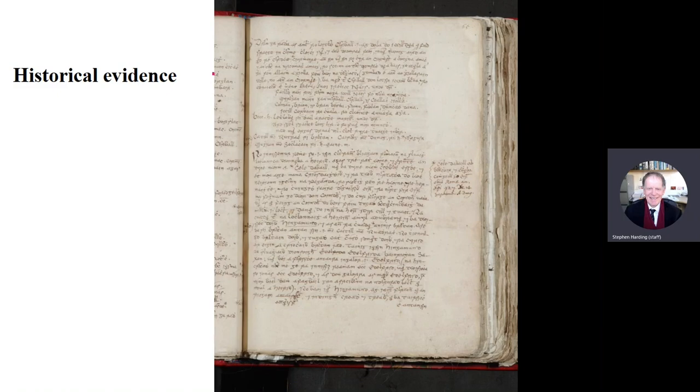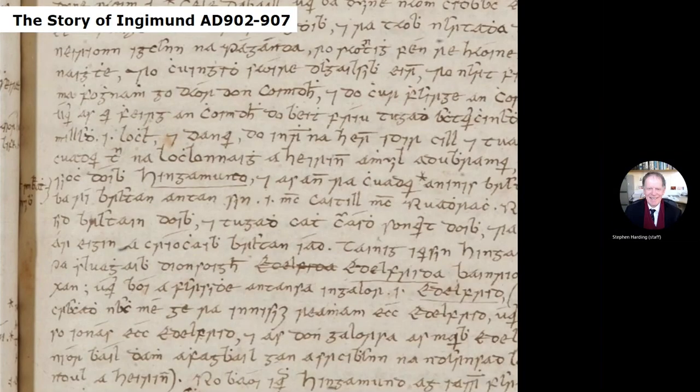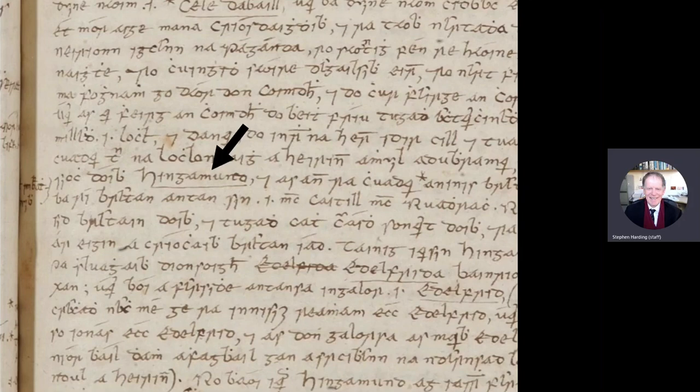These are from ancient Irish chronicles, which report the, there we are, that's Ingimund. Ingimund was the leader of the Norsemen who were expelled from Ireland in 902 AD, and it tells how they came to Aethelflaed, the queen of the Mercian English.